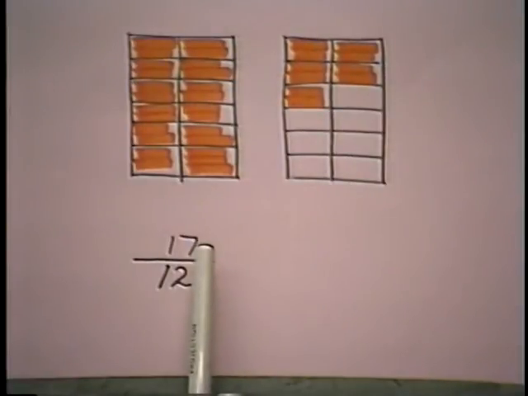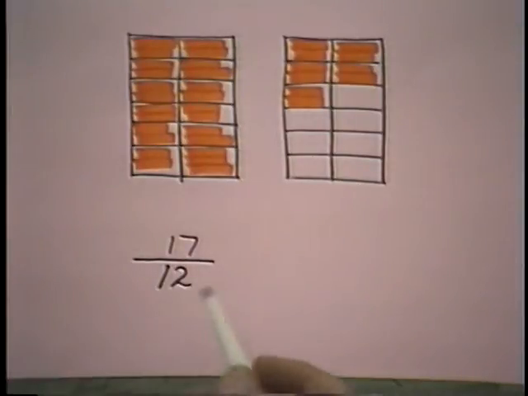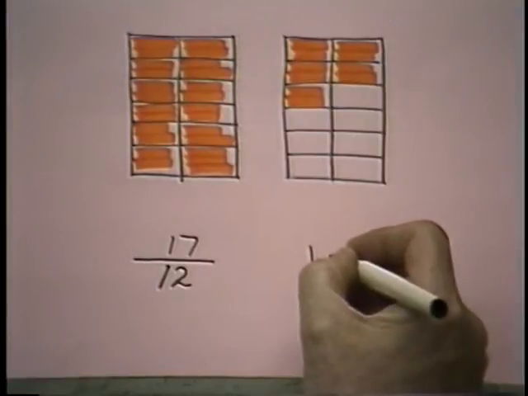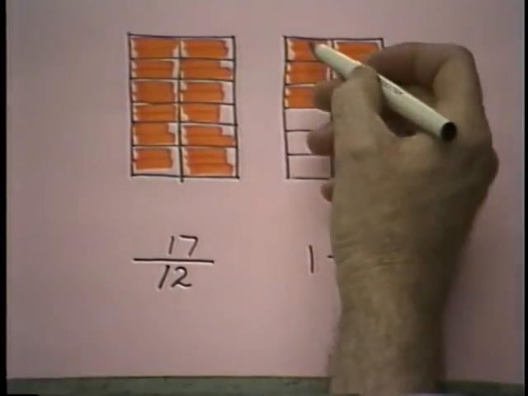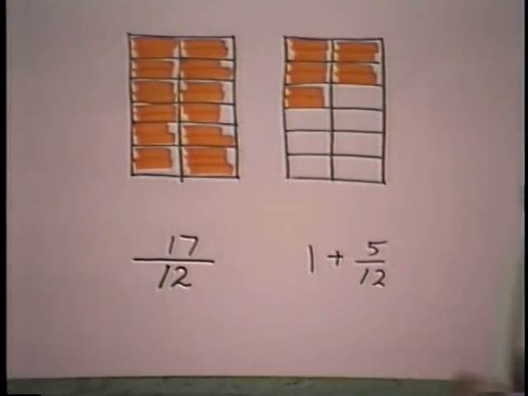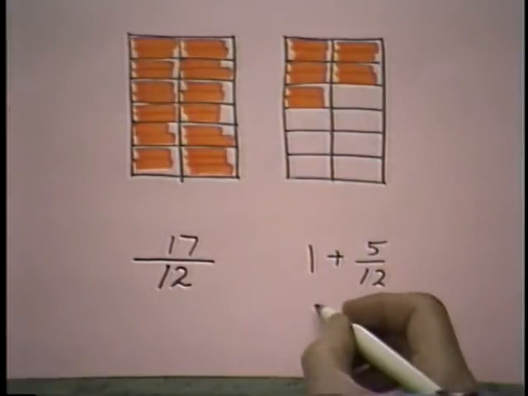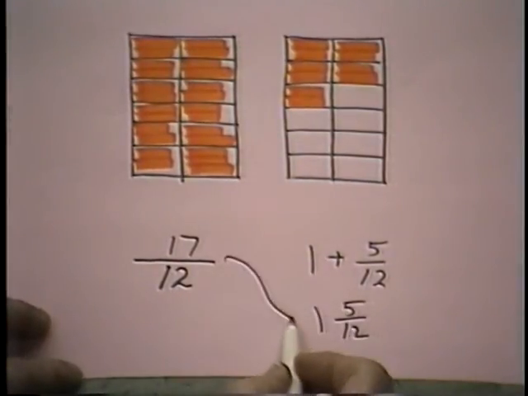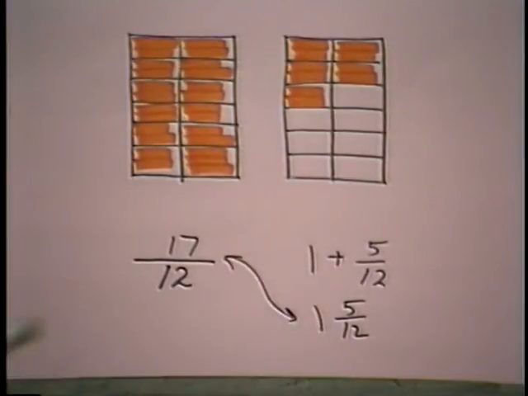So I have 17 out of a wholeness subdivided into 12. Now someone else might say, yes, but you had to take one whole, and in addition to that, 5 out of 12 of another of the same kind of wholenesses. And of course, traditionally we write it this way. Are you beginning to see some sense in fractions? It's a very simple thing, really.